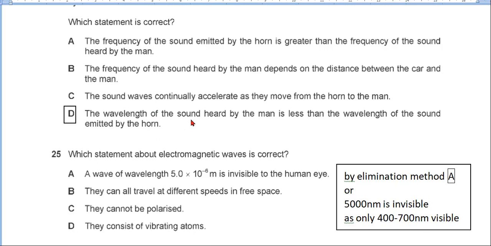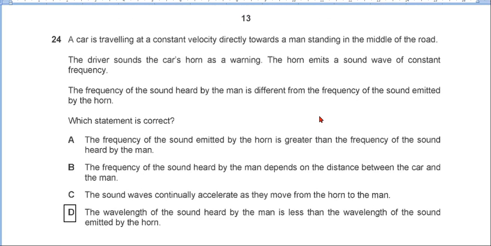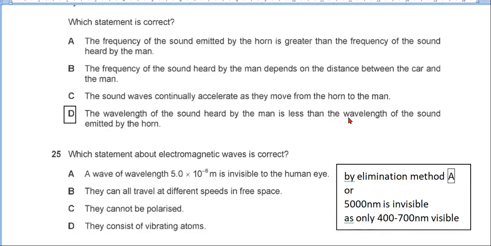The wavelength of the sound heard by the man is less, as they are approaching, than the wavelength of the sound emitted by the horn. If you know our universe is expanding, wavelength is increasing. Here we have approaching objects, so wavelength should decrease.